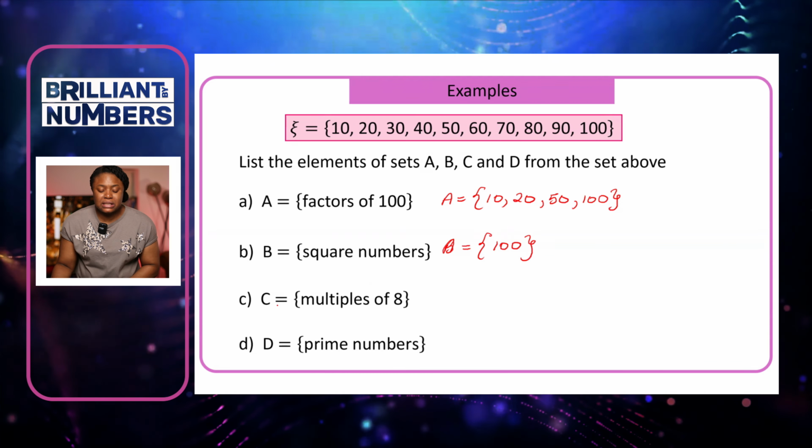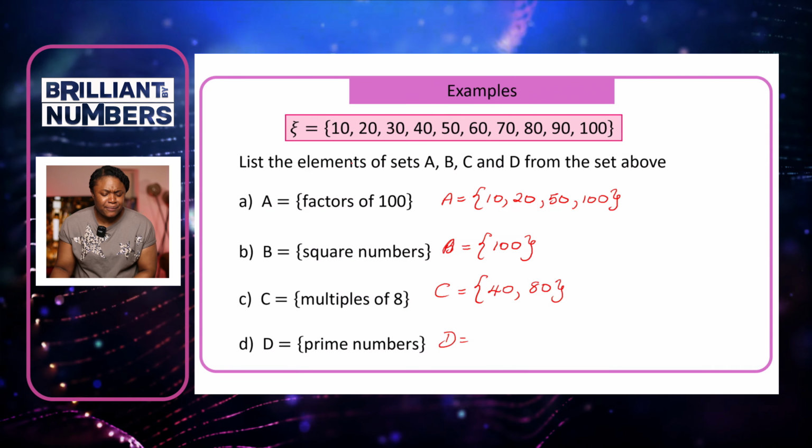And finally, we go for part D. Part D asks us to list the elements of set D, which contains prime numbers. Remember, a prime number has only 2 factors, 1 and itself. The first prime number is 2, and the only uniqueness about that number is that it's the only even number that's a prime number.